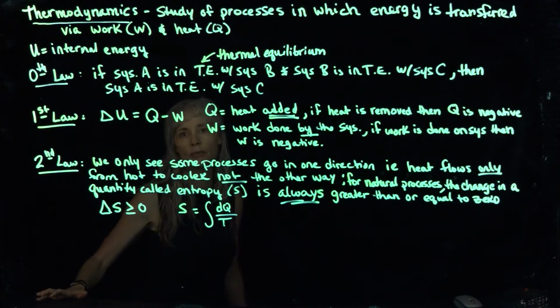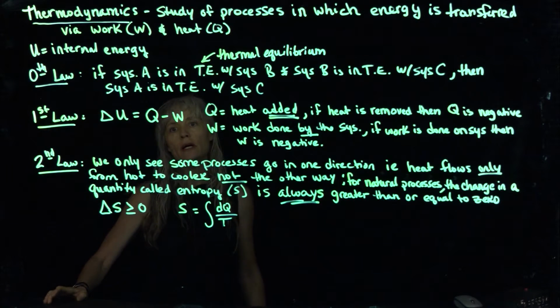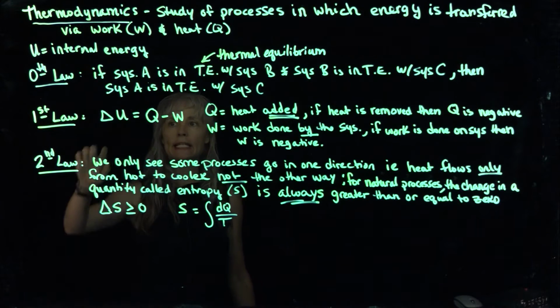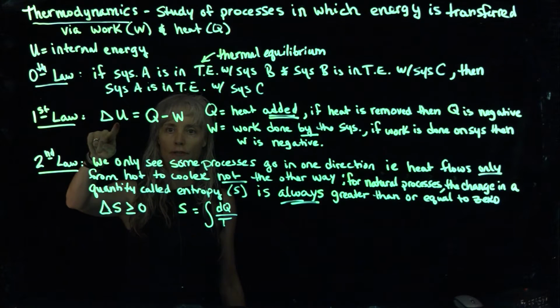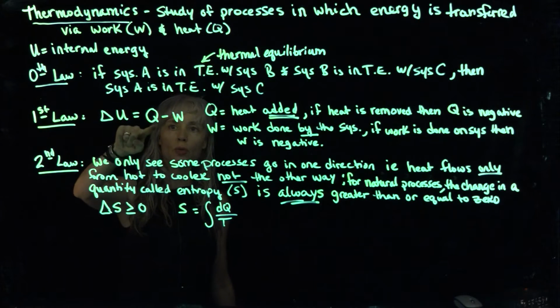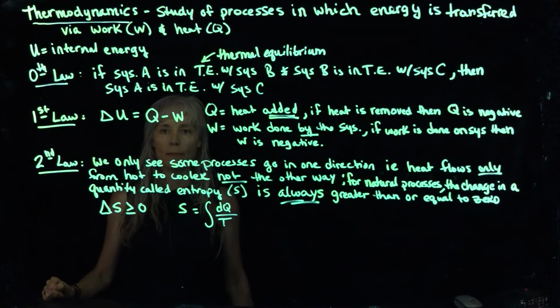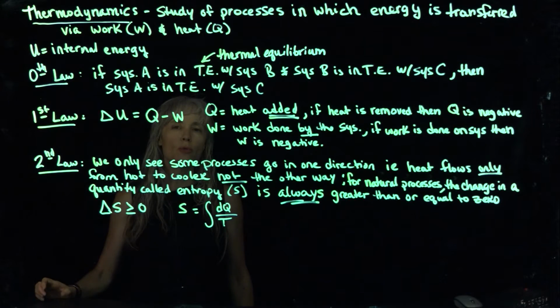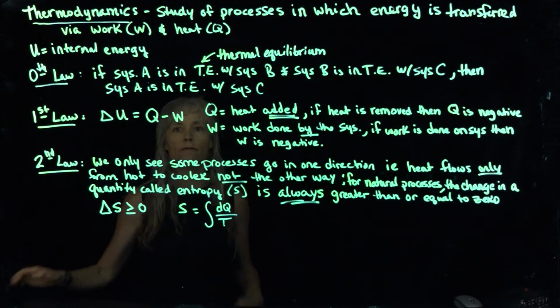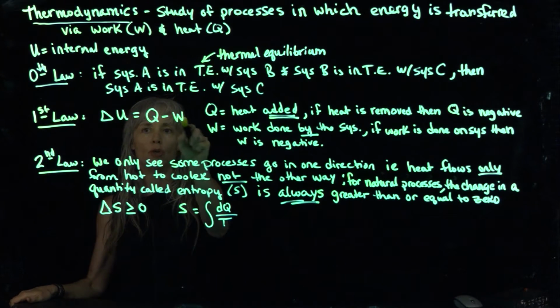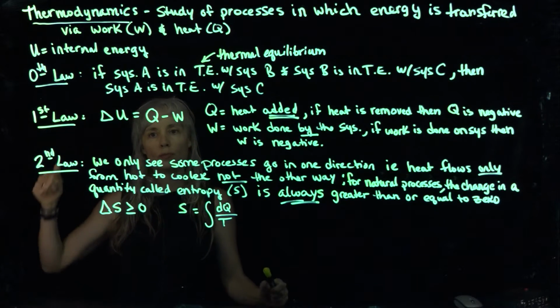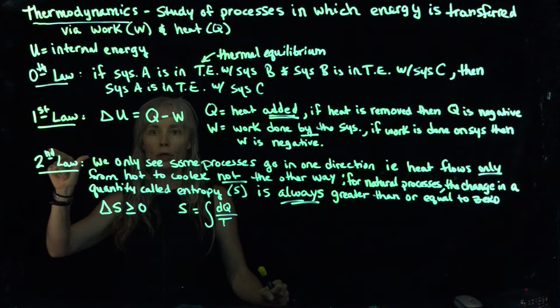The first law of thermodynamics is a conservation of energy law, and it says that any change in the internal energy for the system is going to be equal to the heat added to the system minus the work done by the system. Notice that we have to be very, very careful in the way we define Q and W, because Q could either be heat added or heat removed.